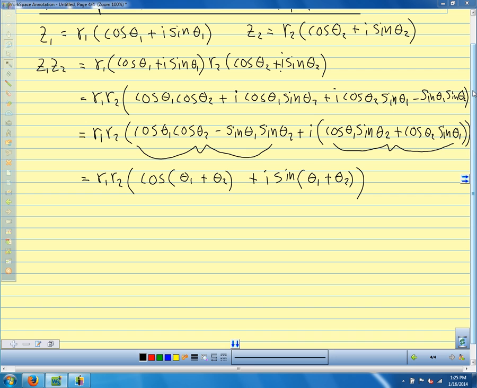To multiply two complex numbers in trig form, and this is z1 times z2, we multiply the moduli and we add the arguments.